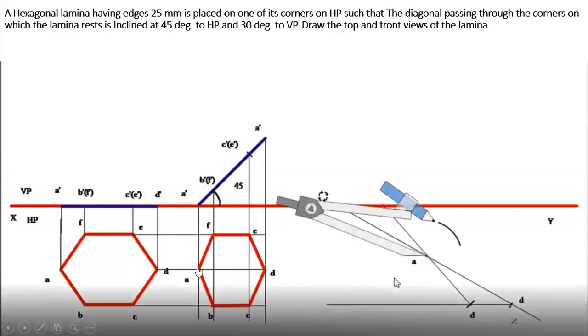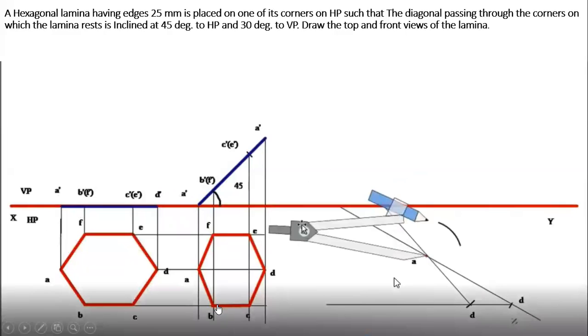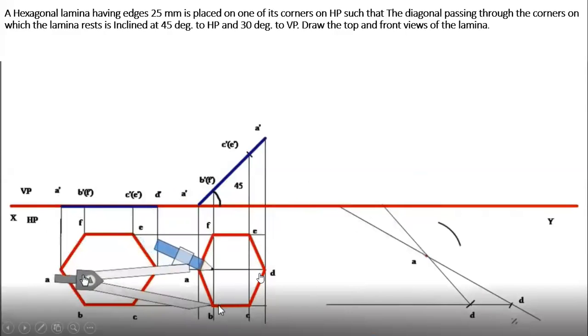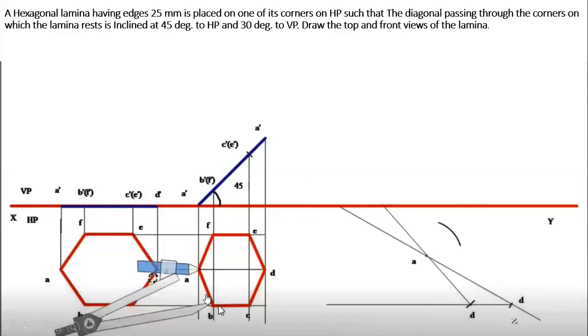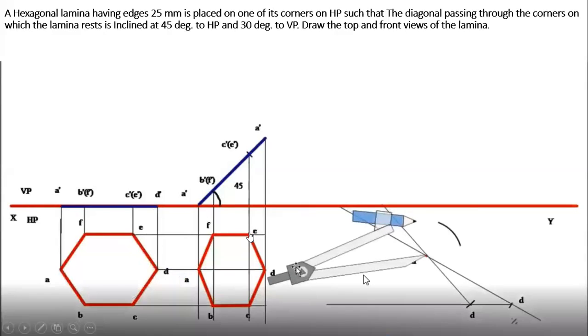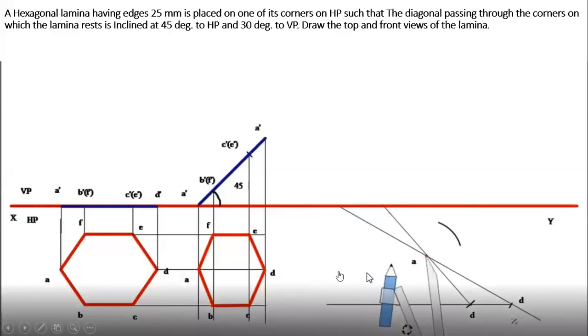See, in hexagon, A to F and A to B will be having the same distance. Same way D to E and D to C. So you can see from this, that A to B is same as A to F and it is same as D to C and D to E since it is a hexagon.